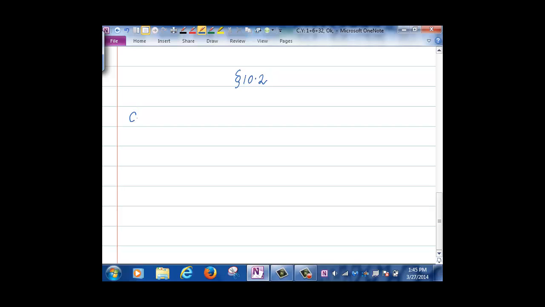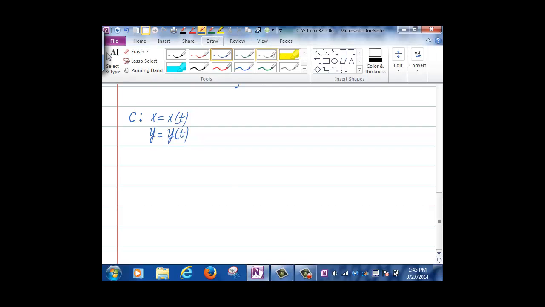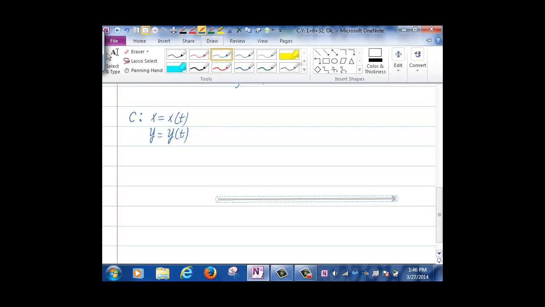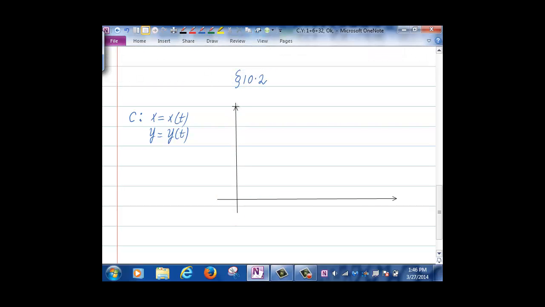Let's say again that I have a curve C, and let's say that x is equal to x of t, y is equal to y of t, and so let's make a graph here. Let's say the curve looks like the following.